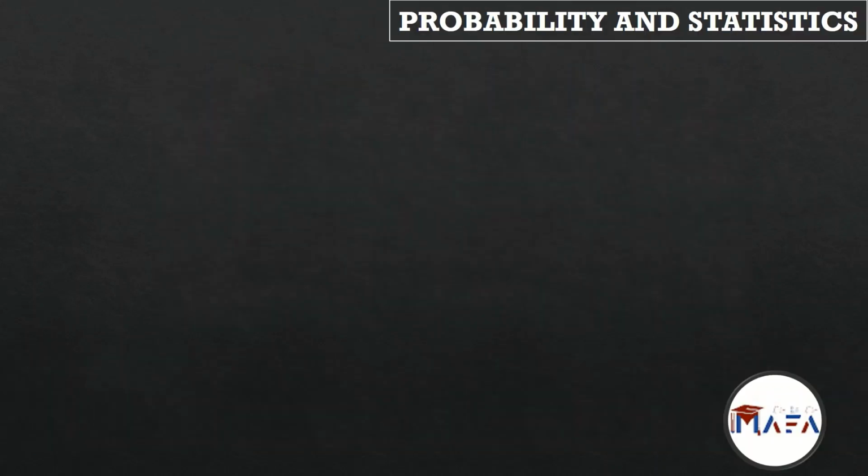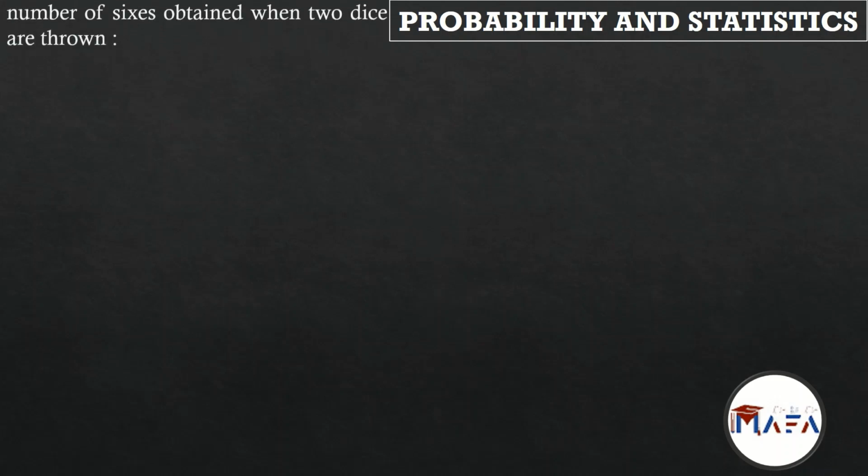The question is asking us to show that the number of sixes when two dice are thrown is a random variable. The first thing is that we need to get all the possibilities of getting a 6 when the two dice are thrown. There are three possibilities. It is either we get no 6, or we get one 6, or we get two 6s.